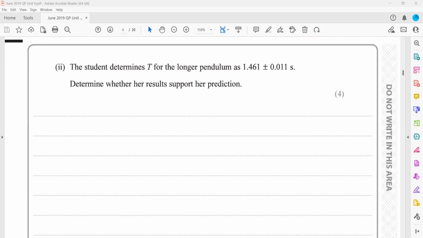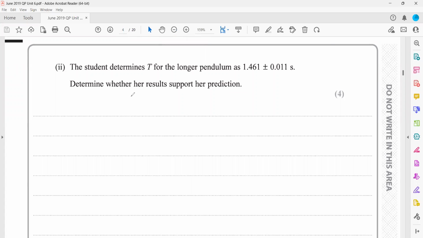We will find the value of Td square over Ts square, calculate the percentage uncertainty, and compare it with the percentage difference.